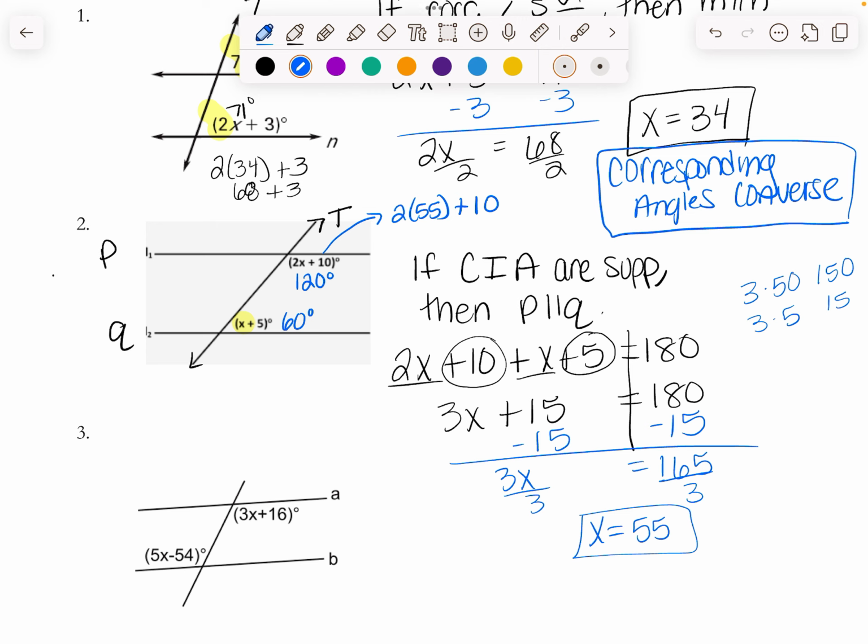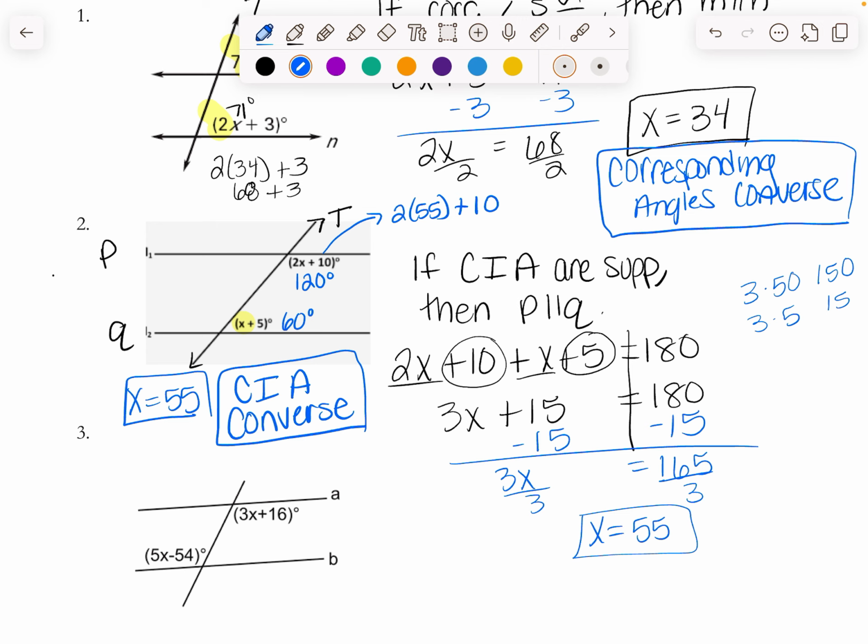So if consecutive interior angles are supplementary, then the lines are parallel. This is true if x equals 55, and I will be using the consecutive interior angles converse. We're going to make sure that we write converse with it so that we know that we are using the converse, not the original theorem.